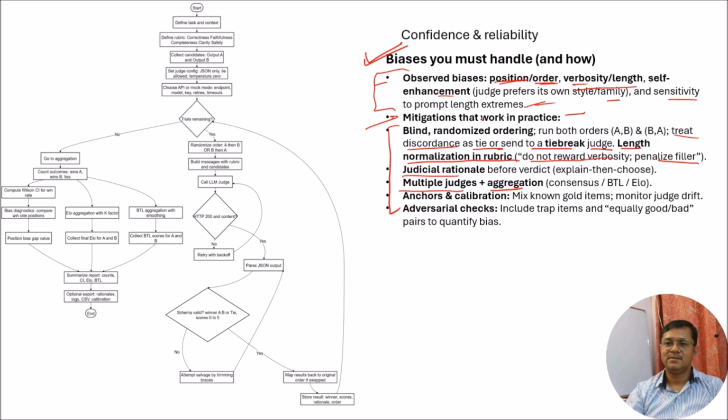This is very important, so we have to mitigate it. What are the different processes? Blind randomization, sorting. You can change the order.